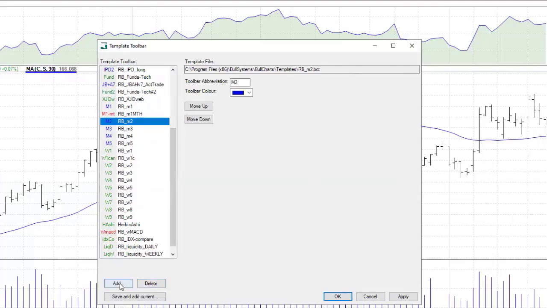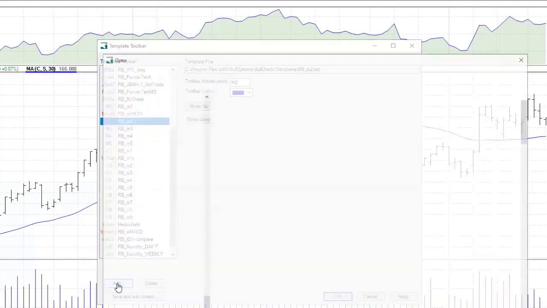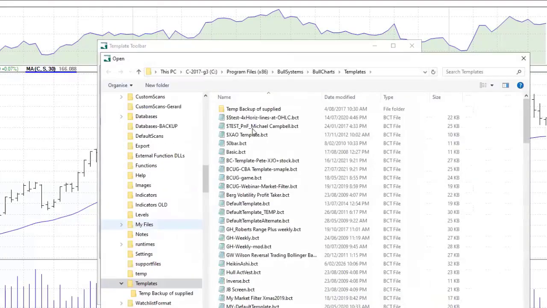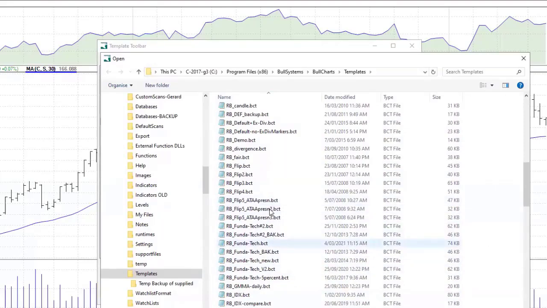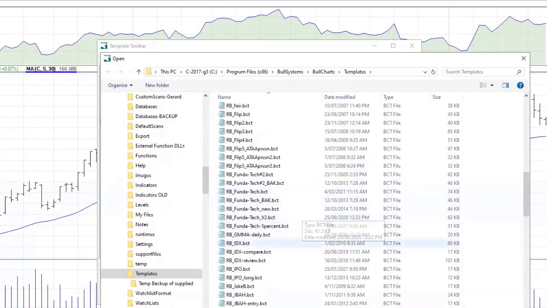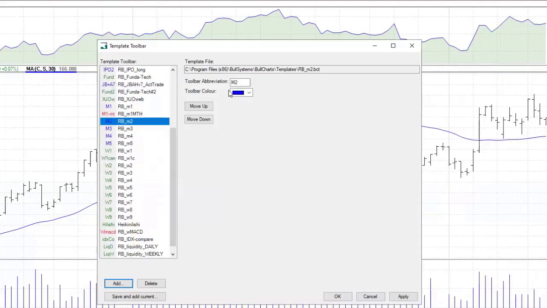To add one, click on add, go to the templates folder and find the particular template file that you want to add, and then click on OK. And note that you've got an abbreviation here that you can customize, and you can choose the color. And then you can change the sequence, move it up or down in the sequence on the toolbar.